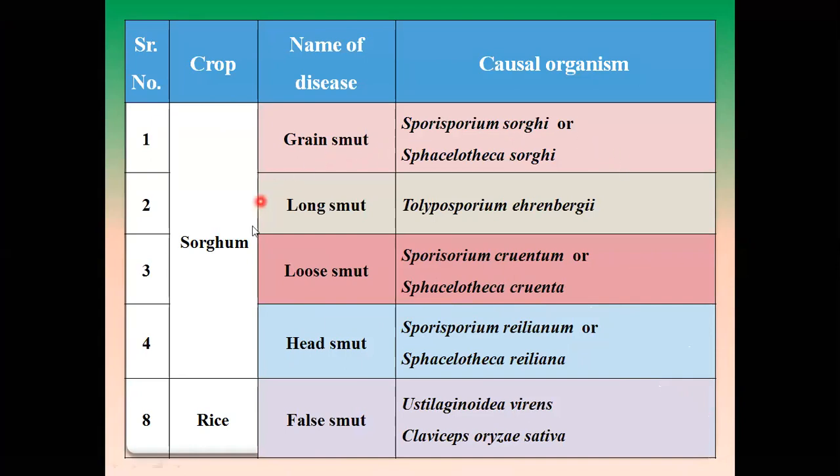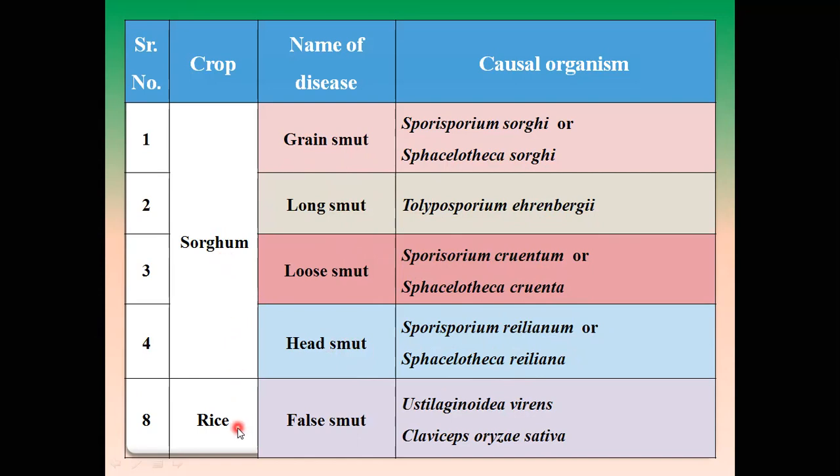In sorghum, four types of smut disease are seen: grain smut caused by Sporosporium sorgi or Sphaerotheca sorgi; second, long smut, Tolyposporium ehrenbergii; loose smut, Sporosporium cruentum or Sphaerotheca cruenta; and last, head smut, Sporosporium reilianum or Sphaerotheca reiliana. These are the four types of smut seen in sorghum.